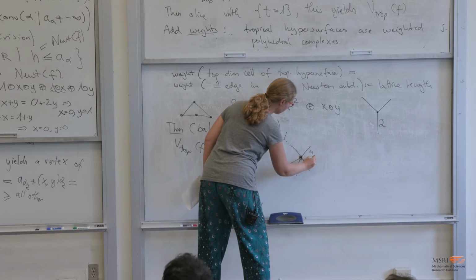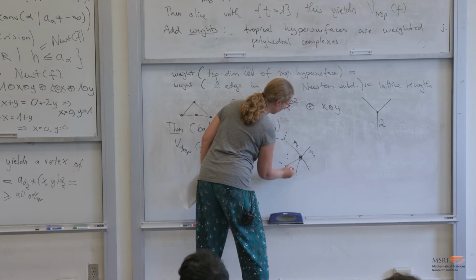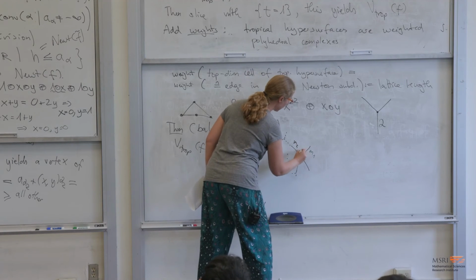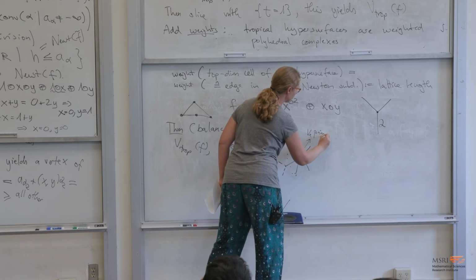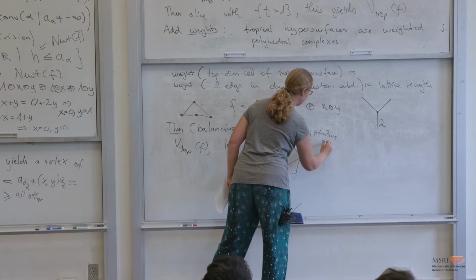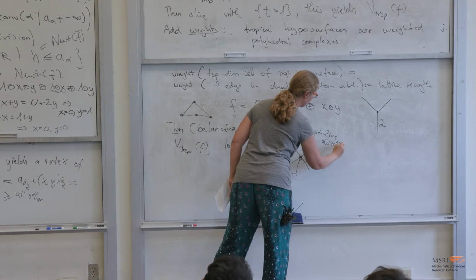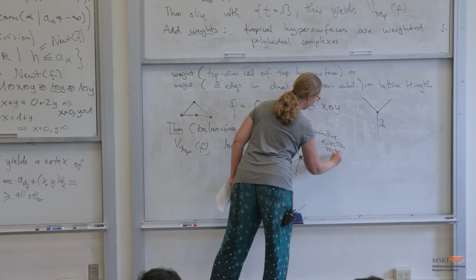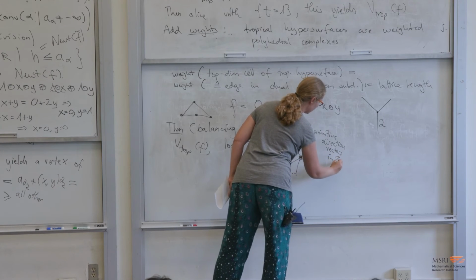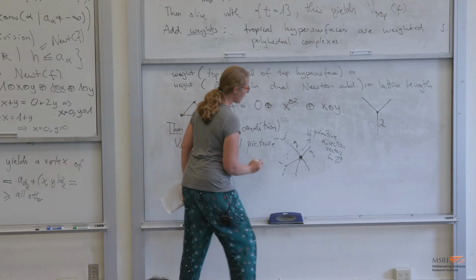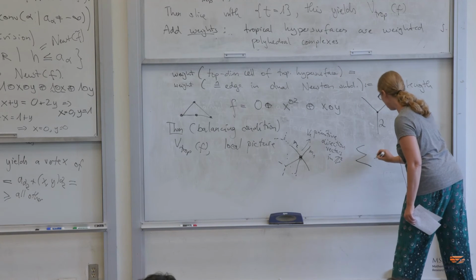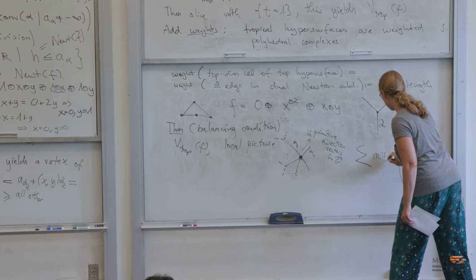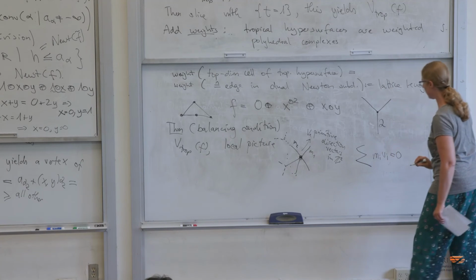And we call them m_1, m_2, and so on. These are the weights. And I have direction vectors, primitive direction vectors, in Z^2, of course, right now. And then the balancing condition says that the sum over the m_i v_i is equal to 0.